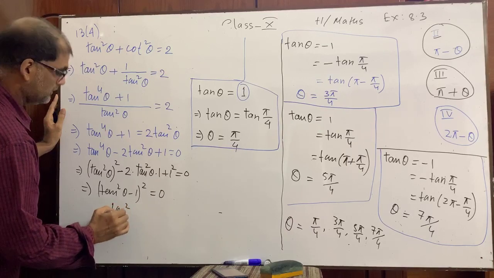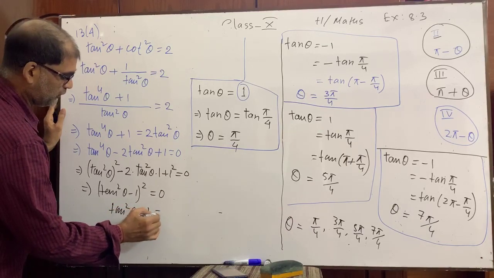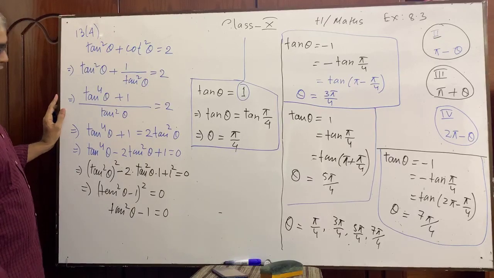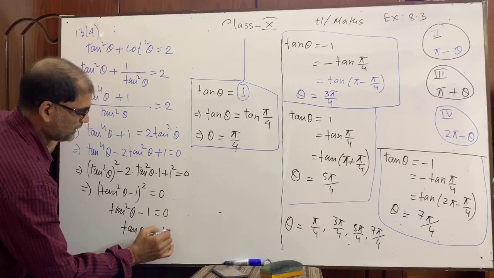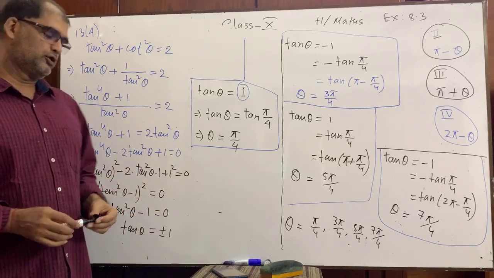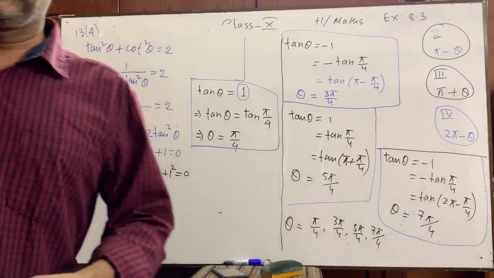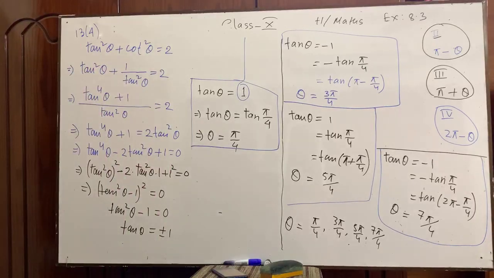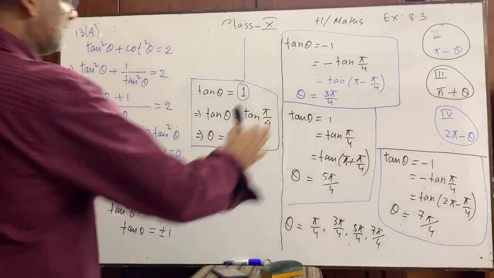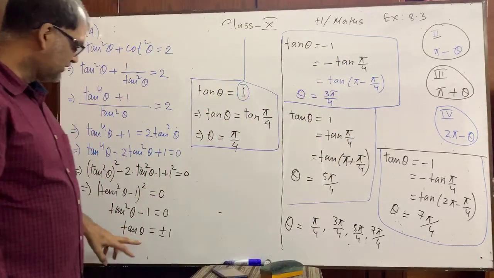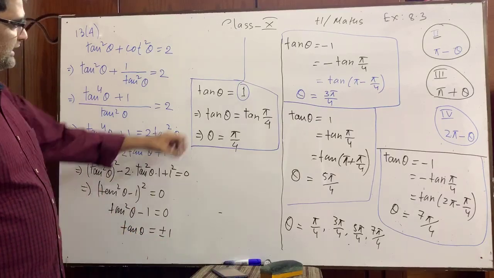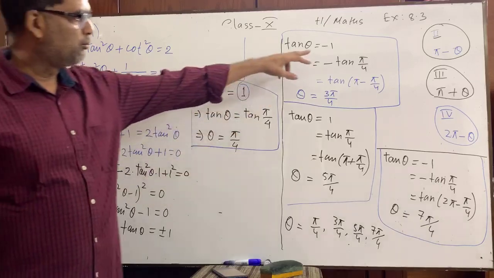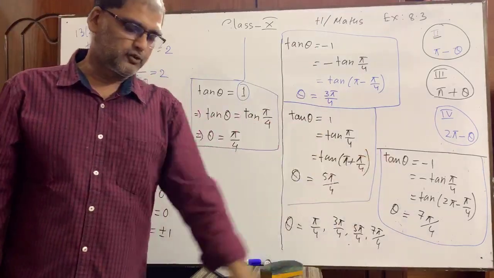That is tan square theta minus 1 equals 0. So we are getting tan theta equals plus minus 1. My dear students, we have again got tan theta equals plus minus 1, and the interesting fact is that we have all these four values: tan theta equals 1, minus 1, plus 1, again minus 1.